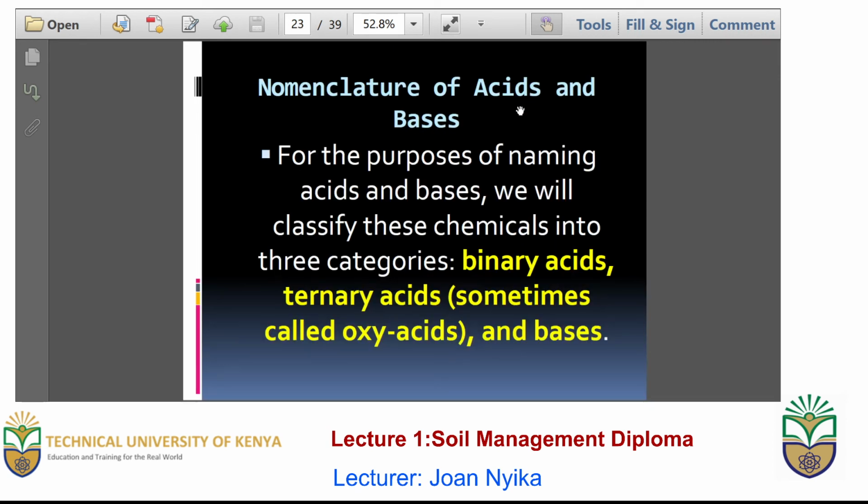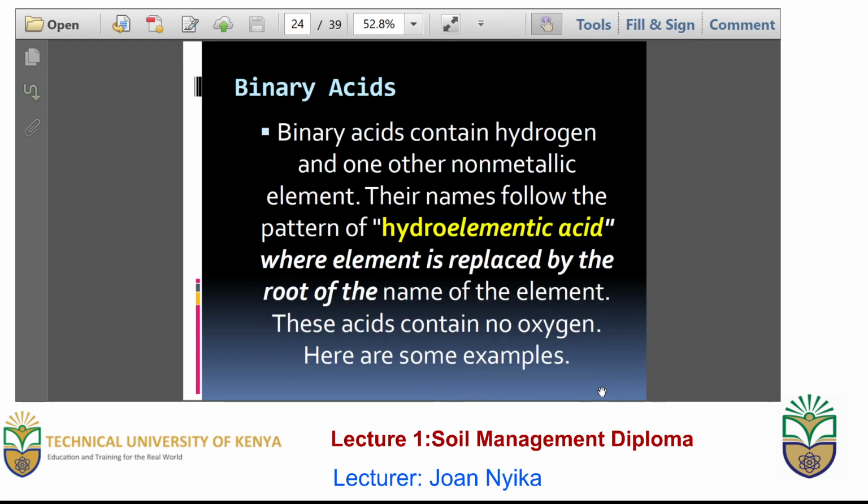Let us look at the naming of acids and bases. For the purpose of naming of acids and bases, we will classify them into 3 categories. There are the binary acids, the ternary acids, or what we call oxyacids, which contain oxygen, and bases.